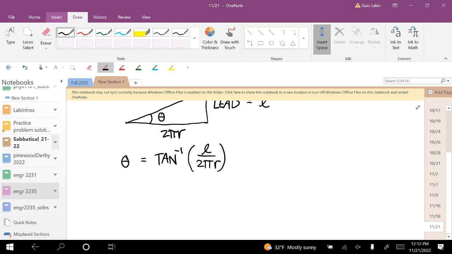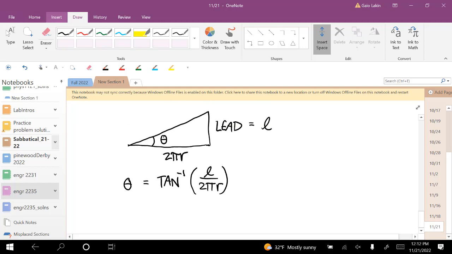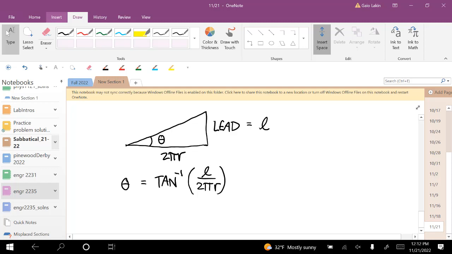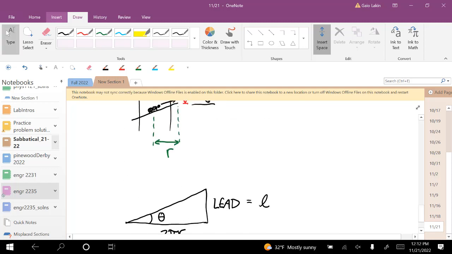Okay, so like I said, if screws were described by angles, then we wouldn't have to worry about this, but they're not, so we have to convert from the lead to the angle.